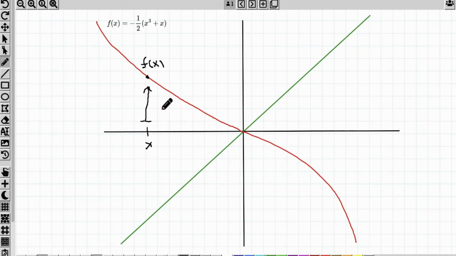And the idea is that you want this f of x value, or this distance, to be transferred somewhere along this x line. And how you do that is through the identity map, which is you map it to here and then all the way down, because you want this y value to be an x value on the x-axis.